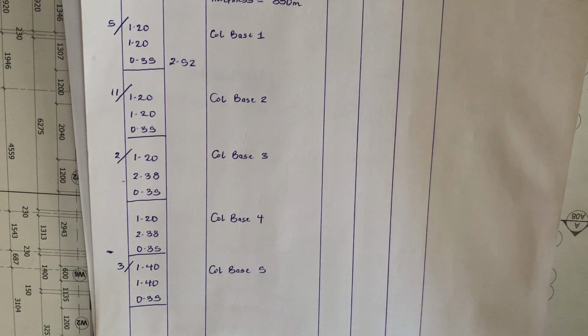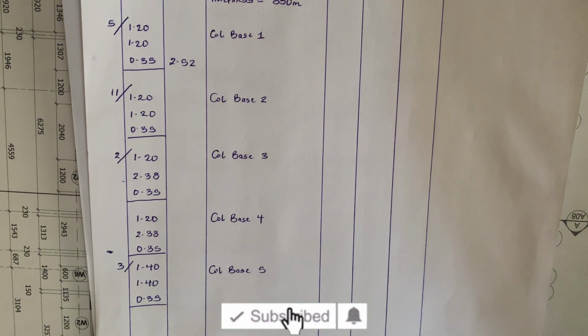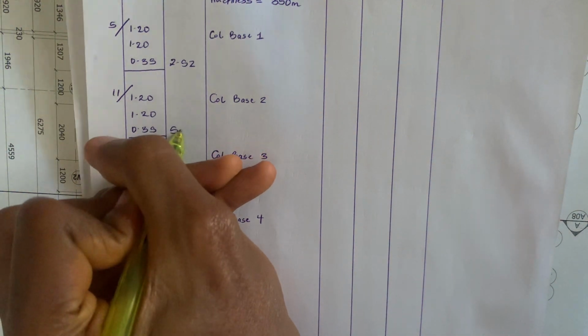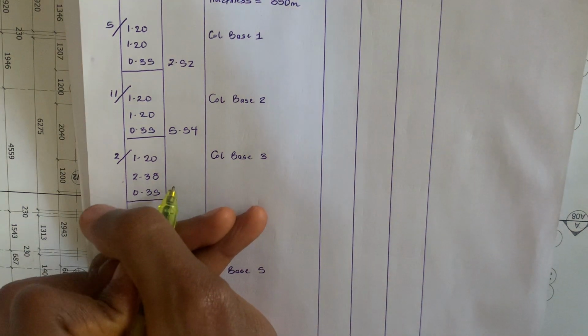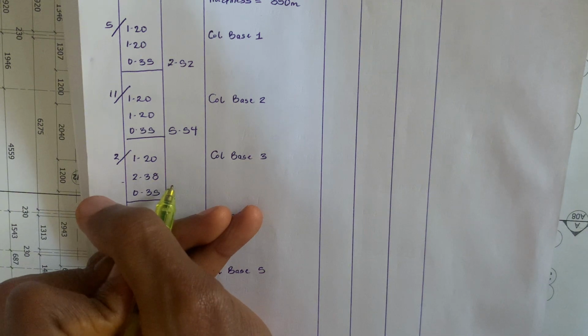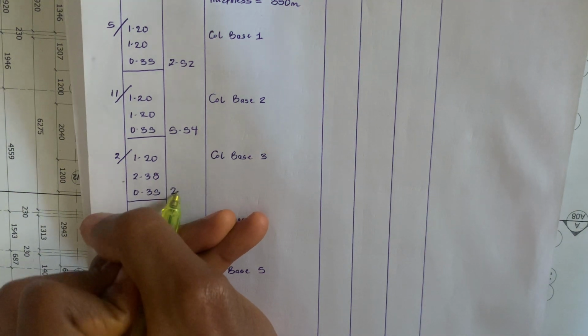For column base 2, 1.20 times 1.20 times 0.35 times 11 is equal to 5.54. For column base 3, 1.20 times 2.38 times 0.35 times 2 is equal to 1.999, which is approximately 2.00.